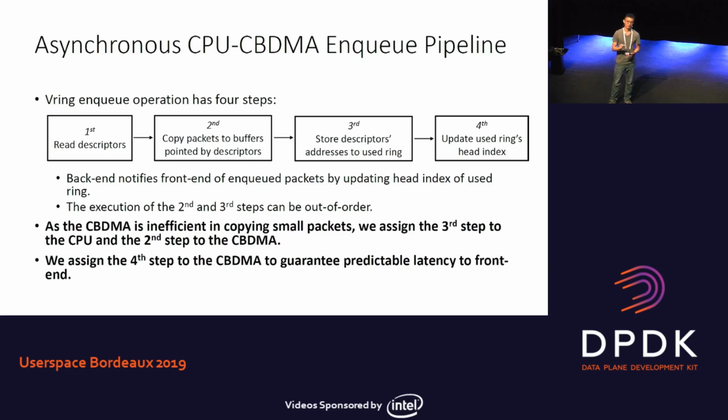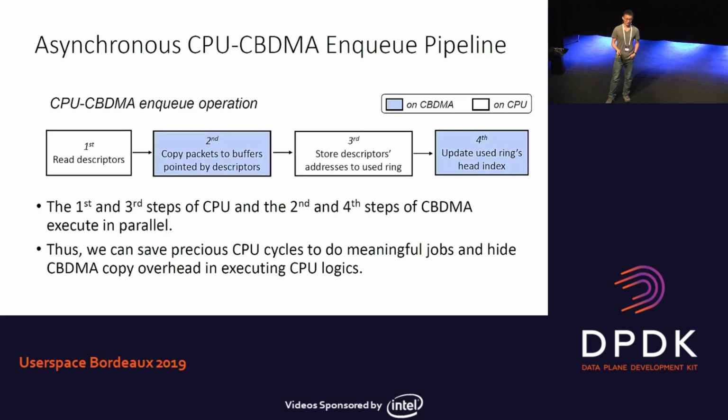Even though it's a very small copy, it's not that efficient, but it's good enough, because otherwise the CPU will need to wait until it's complete and then update that. So it will look like this after we integrate the CBDMA, just mixing them together.